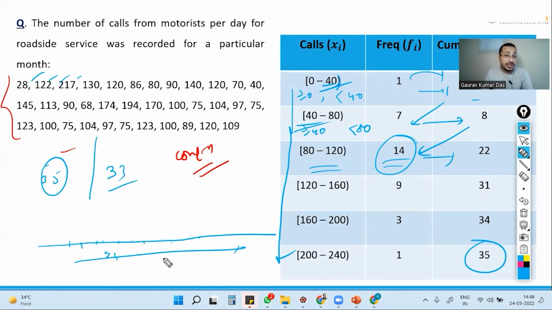And what will be the frequency of each of them? Except for 2 data points which have repetitions, everywhere else the frequency will be 1, right? Because they're repeating 1 time. And only 2 data points will have a frequency of 2. So such distributions do not make sense. It especially does not make sense when we have too many unique values in my data set.